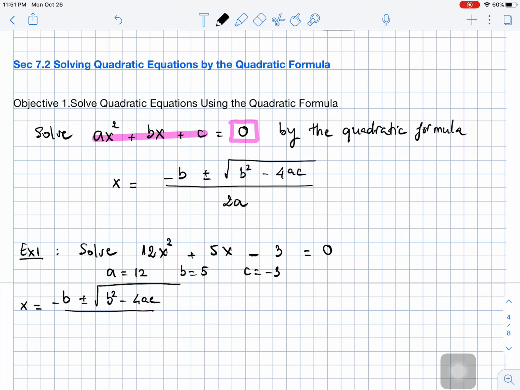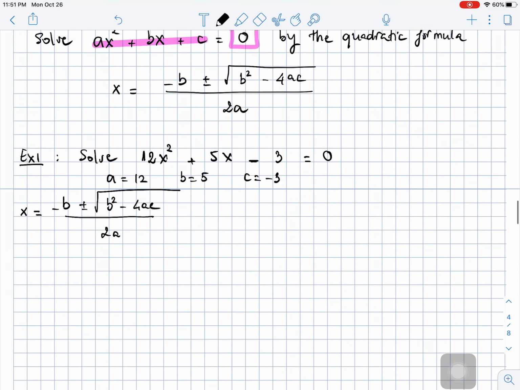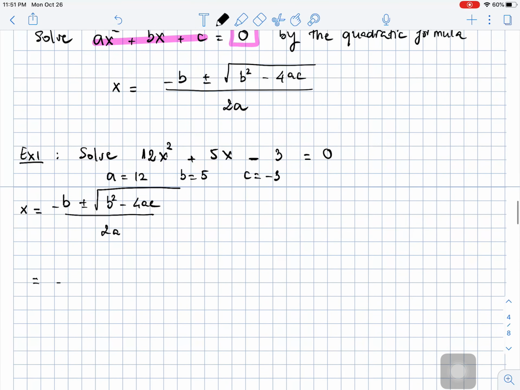A, B, C are the numbers. We got A, B, C right away in example number 1 because we have 0 on one side, and the problem is in quadratic equation form.